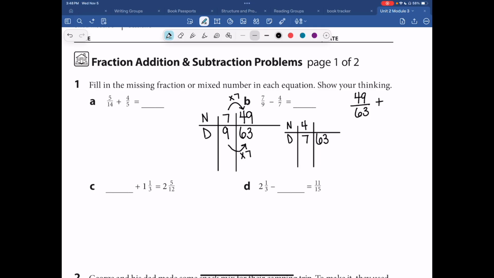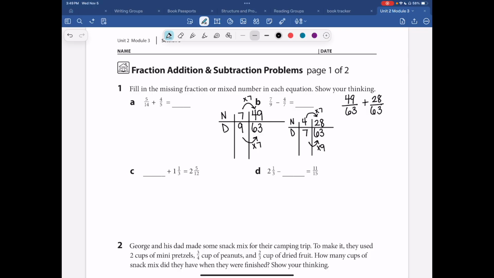So then thinking about how did I get from 7 to 63, I multiplied by 9. Whatever I do to the bottom, have to do to the top. And 4 times 7 is 28. So 28/63 is our equivalent fraction to 4/7.